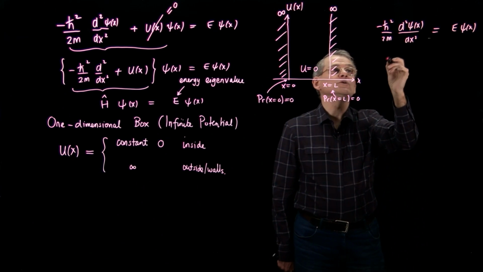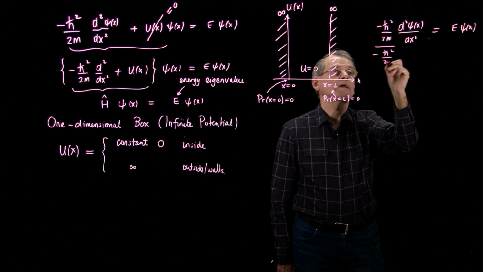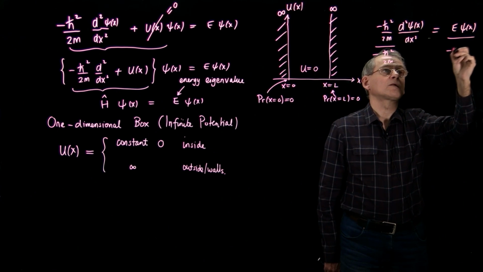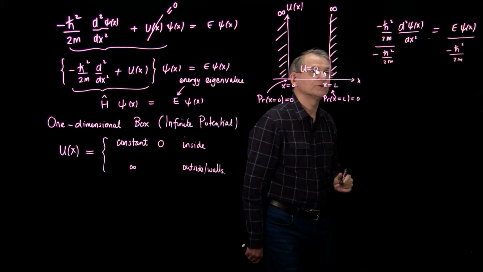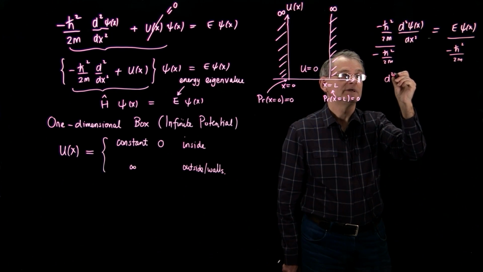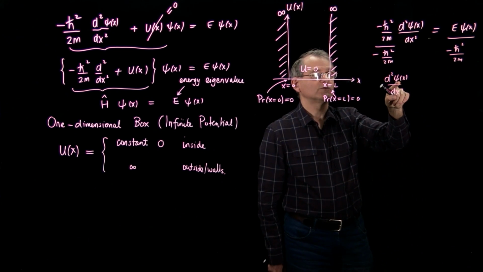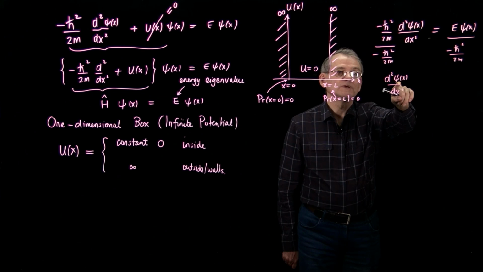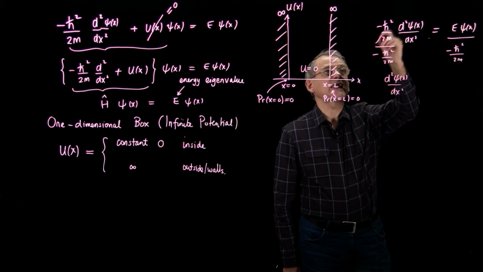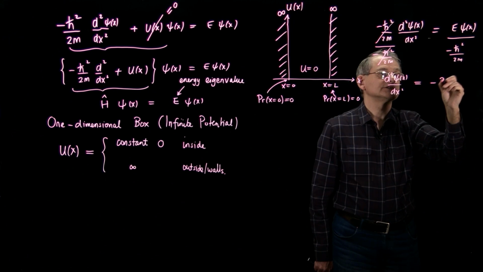If I divide through both sides by minus h bar squared on 2m, you can see that this gives me the second derivative of the wave function or the eigenfunction. The constants disappear here, and these constants then reappear on the other side here.